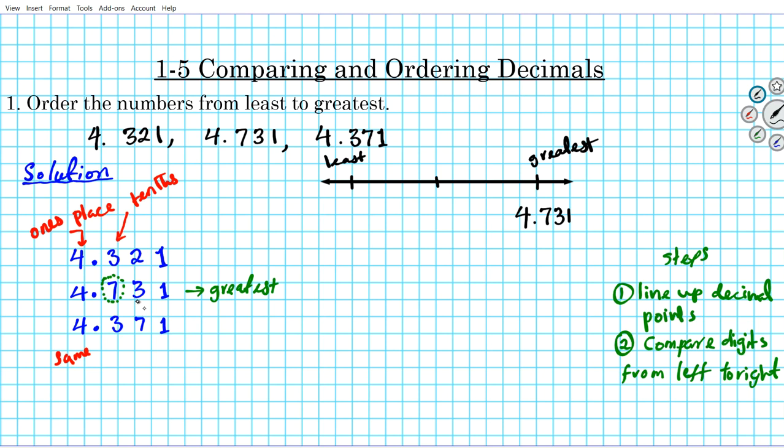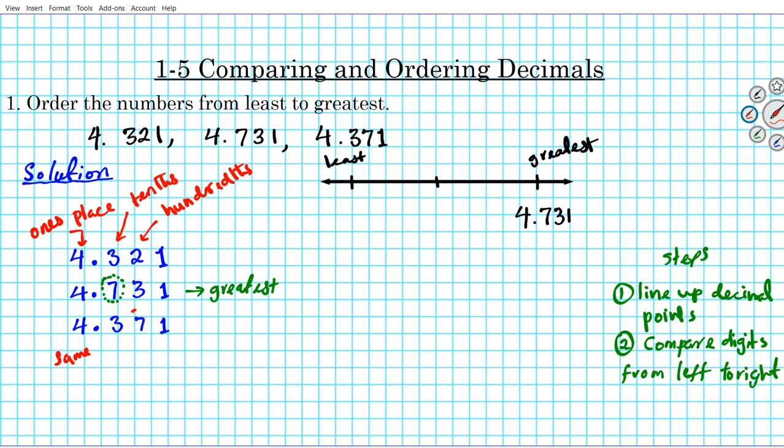Now since this one is already eliminated, we can focus our energy on the first and the last one. We're now going to advance to the next place value, the hundredths place, and compare the first and the third. Which one is greater? In the hundredths place, 2 and 7: which digit is greater? 7 is greater.